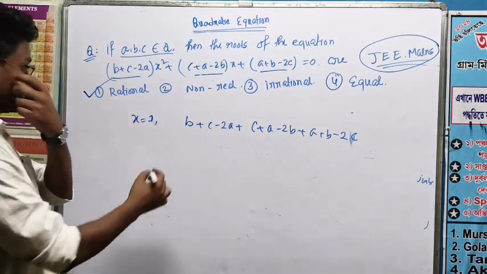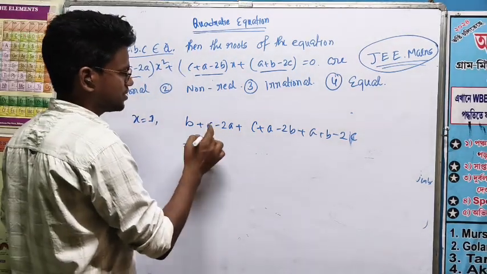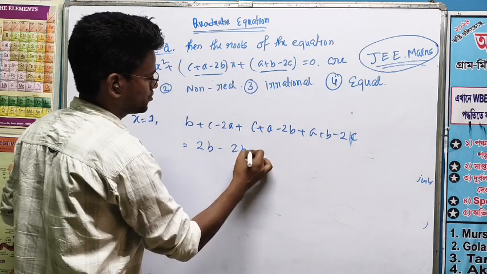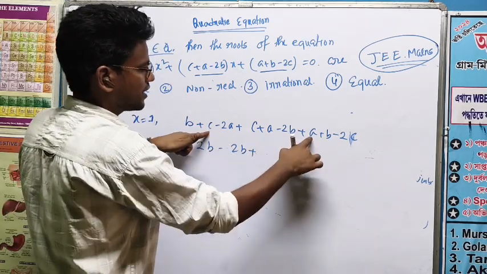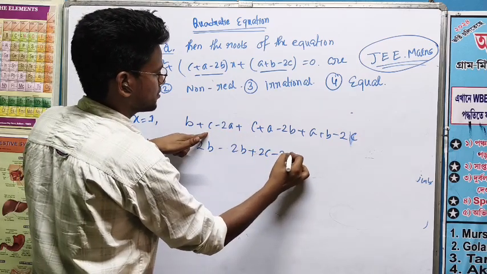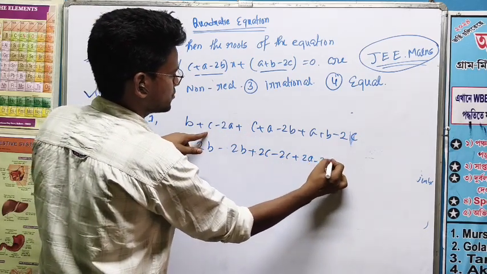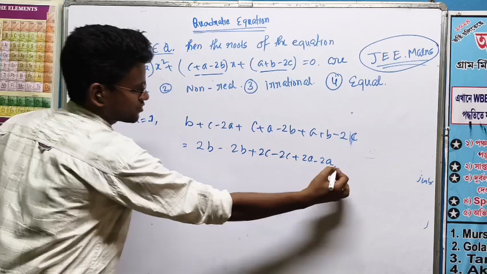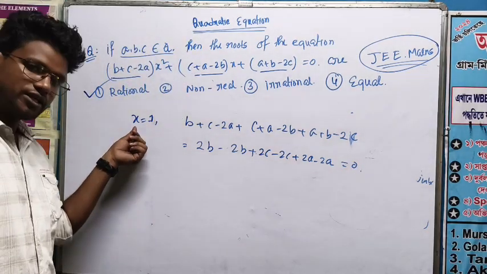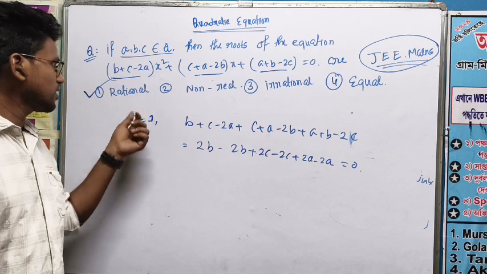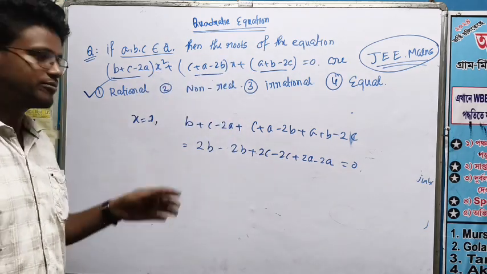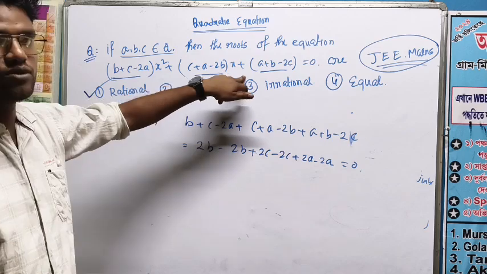The terms cancel out: 2b minus 2b, 2c minus 2c, 2a minus 2a, so that equals 0. That means when we put x equals 1 in that equation, we get 0. So x equals 1 satisfies that equation.